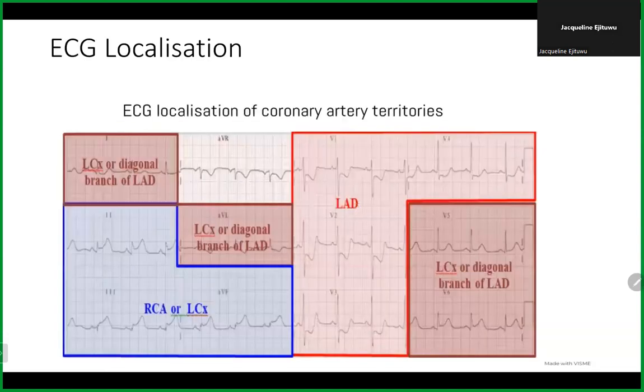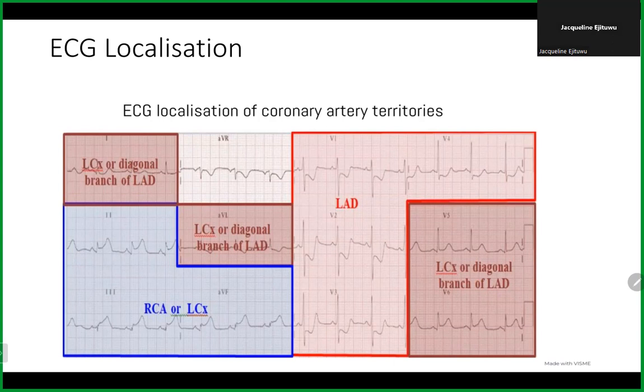So on ECG, lead 2, 3, and AVF, we all know, represent the inferior leads, and it depends on the supply. As we've mentioned earlier, in the major proportion of individuals, the right coronary artery usually supplies the inferior or diaphragmatic surface of the heart.